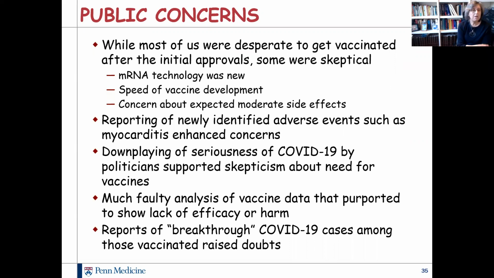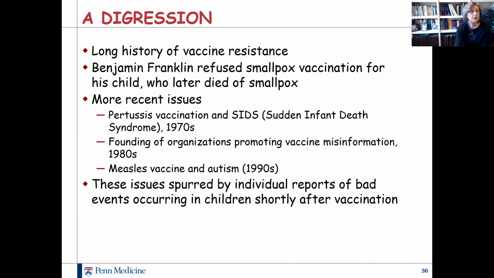Then there were a lot of people trying to do analysis of vaccine data that they had available that purported to show lack of efficacy or harm. Those analyses were faulty. There were many people following those kinds of analyses to try and rebut them. But certainly reports of breakthrough COVID-19 cases among those already somewhat skeptical just raised more doubt.